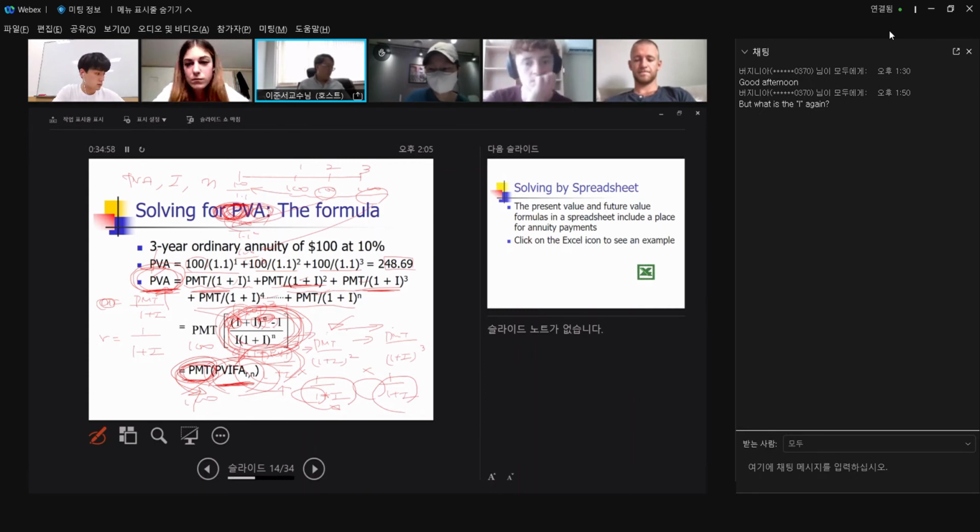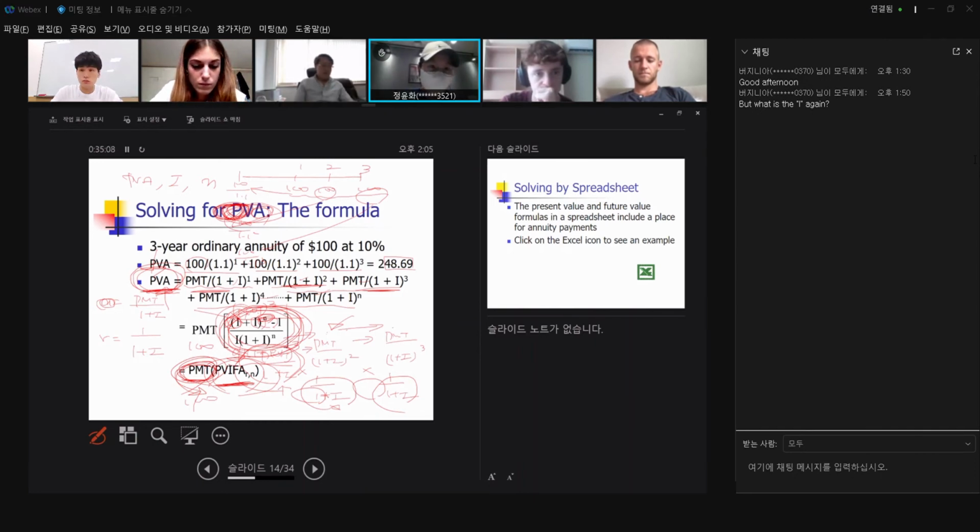What is the figure if the period is 3 years and the interest rate is 10%, same as in the last example? According to E4, it displays the present value interest factor of ordinary annuity. What is the figure?